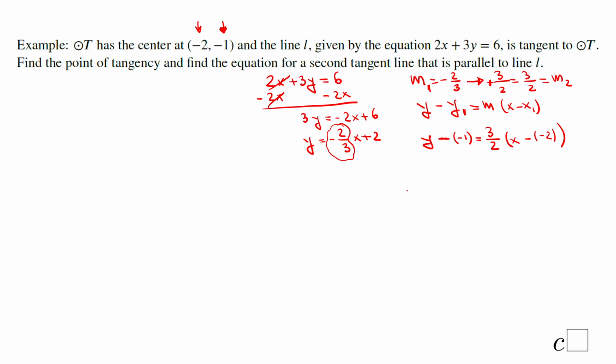So we have here y plus 1 equals 3/2 times x plus 2.